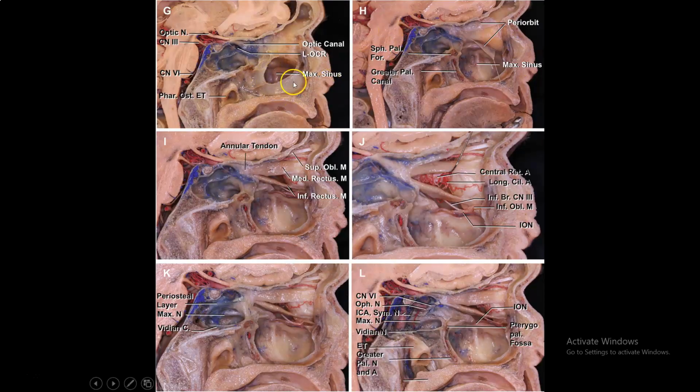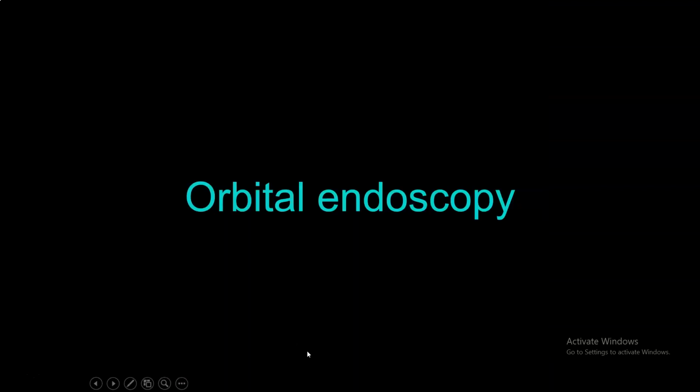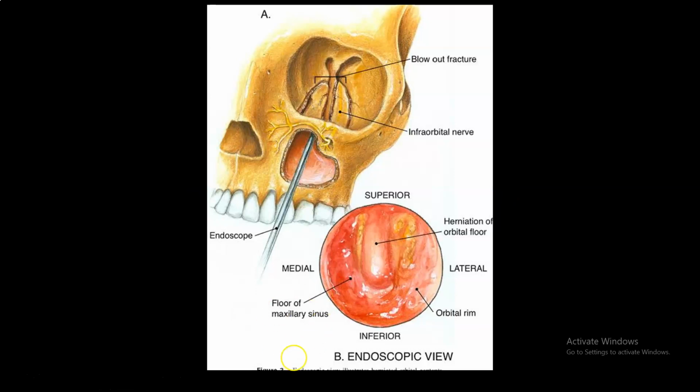As you can see here, the floor of the orbit, there is the maxillary sinus. As we said, the floor is formed of the orbital plate of the maxillary bone. So you can reach from the maxillary sinus, the floor of the orbit, and you can repair the floor of the orbit in blowout fractures, as we'll see. So the orbital endoscopy, as we said, you can reach sublabial, maxillary sinus, reach the floor of the orbit.